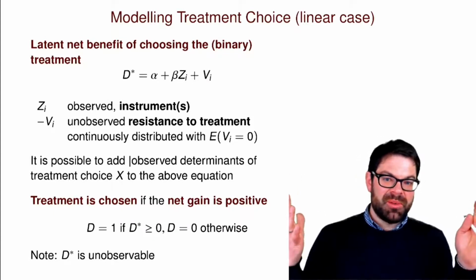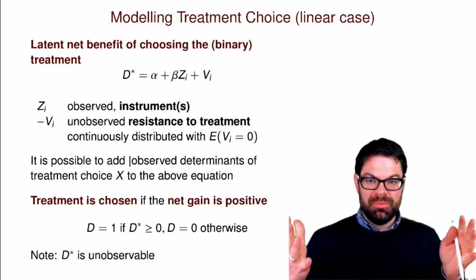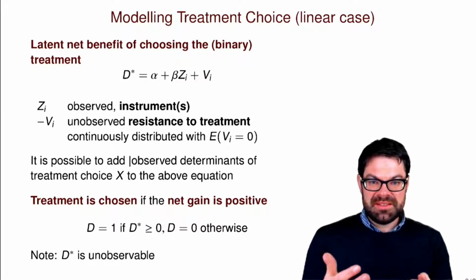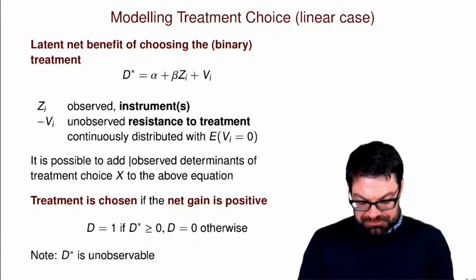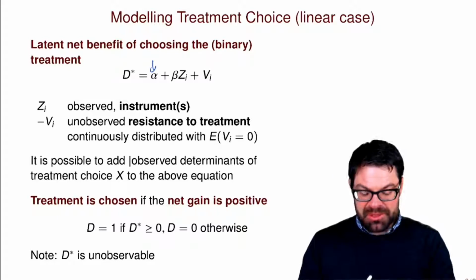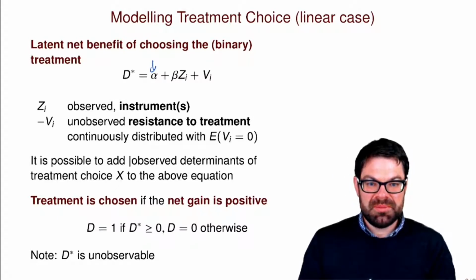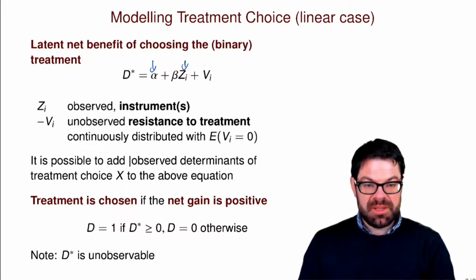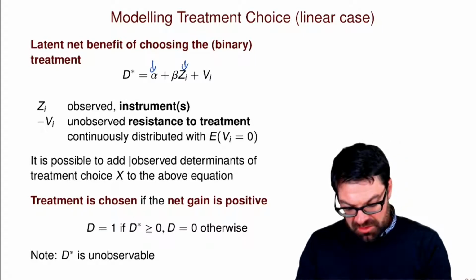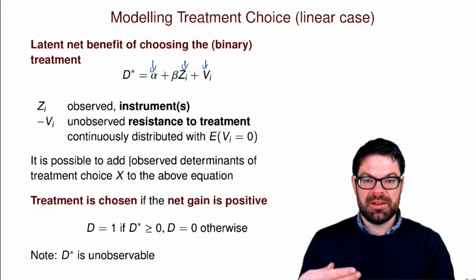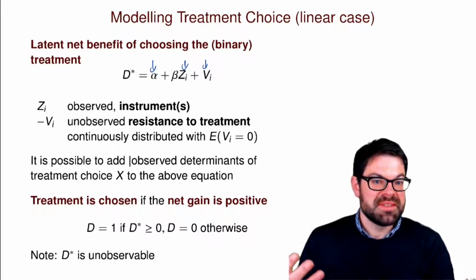Now, the simplest possible way to do this is to just consider a person's latent net benefit of choosing the treatment, which is that you have a common gain from choosing the treatment. You have an instrument, and you have then also, if you take the negative of that, a cost of choosing the treatment, or what's also called resistance to treatment.